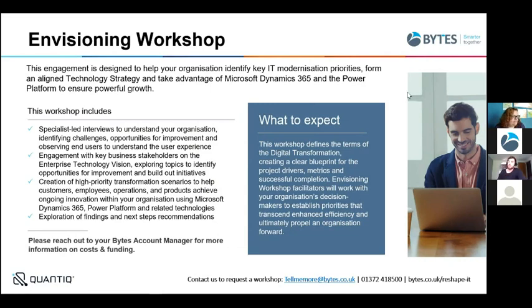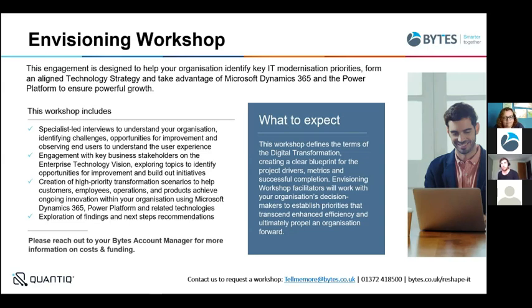We then engage with the key business stakeholders in your organization, explore the enterprise technology vision, as well as topics to identify the key areas for improvement. And from there, use it as a platform to build out the key initiatives.